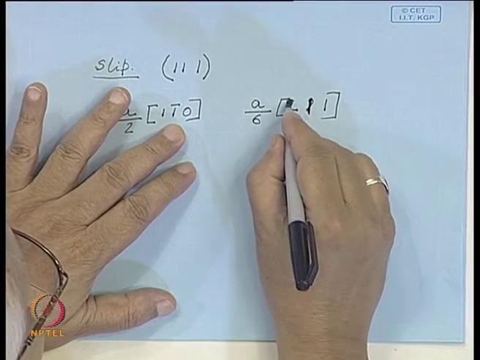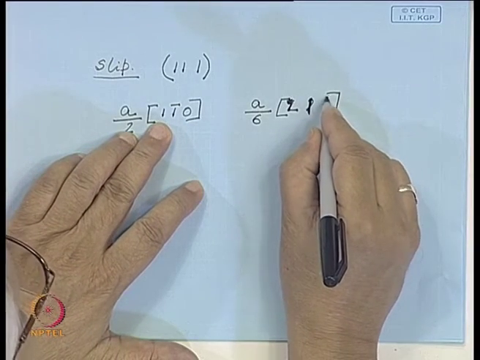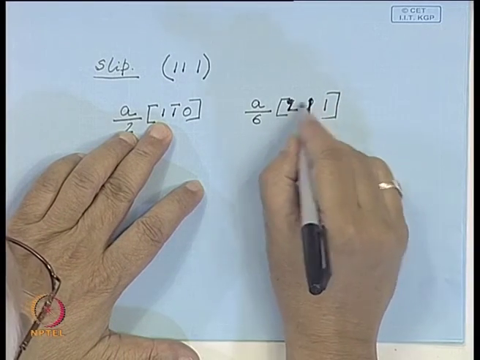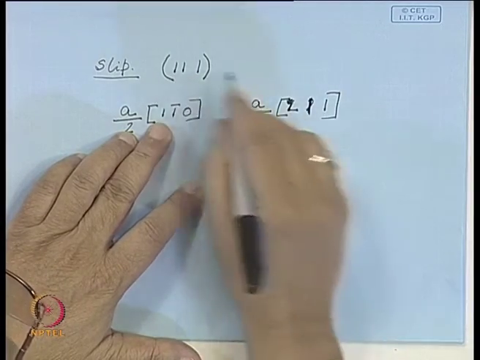This is [2 1 1], but it must lie on this plane.